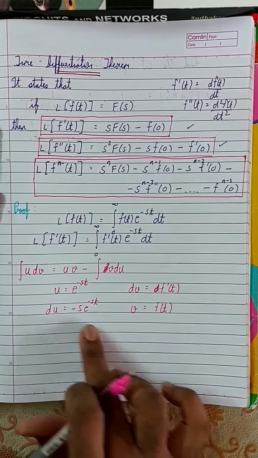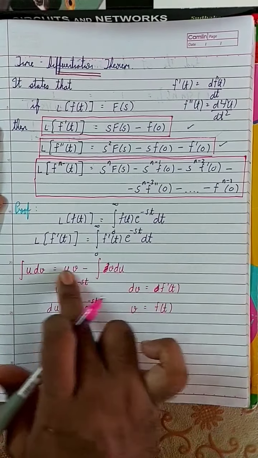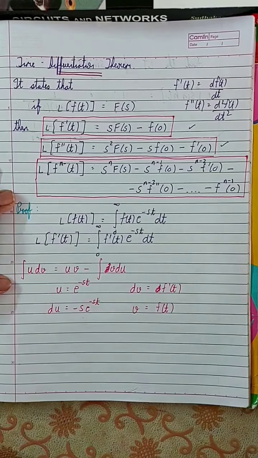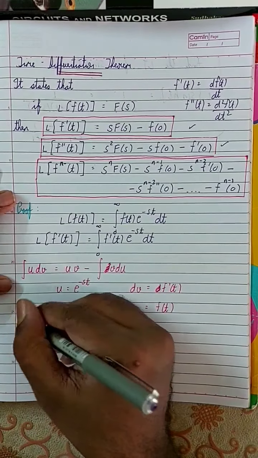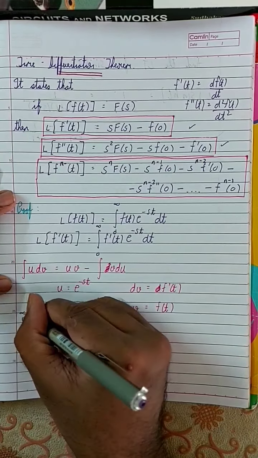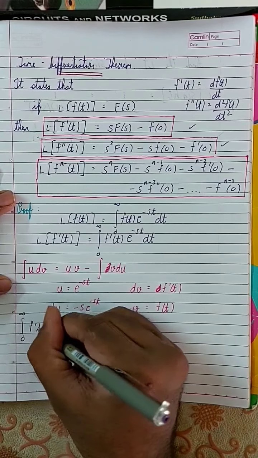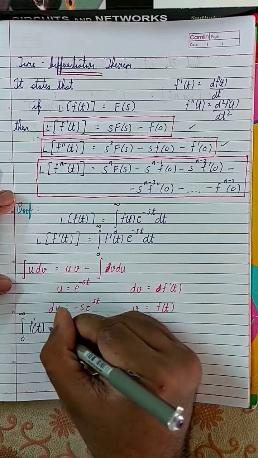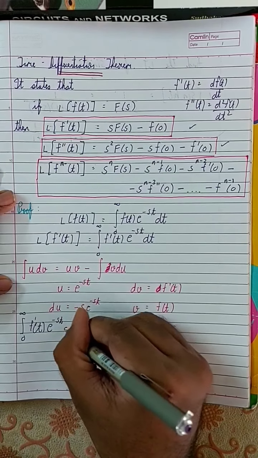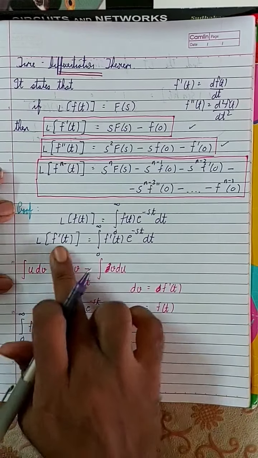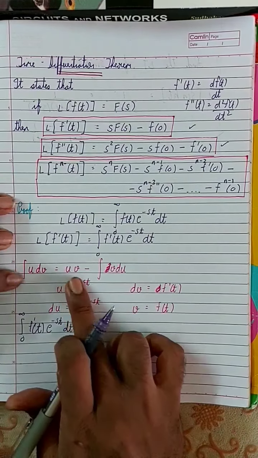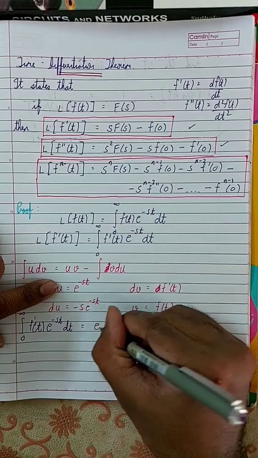So now I can substitute all these into the equation. The integral from 0 to infinity of f'(t) e^(-st) dt, that is the Laplace transform of this, is equal to: what is u? e^(-st).